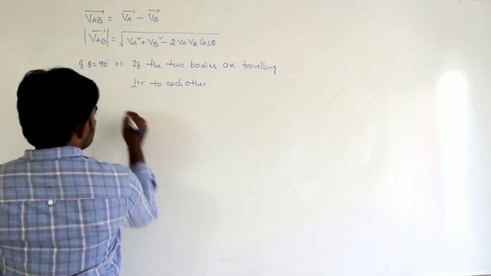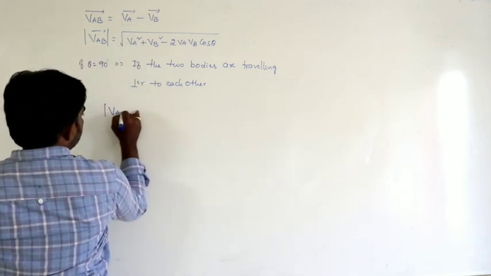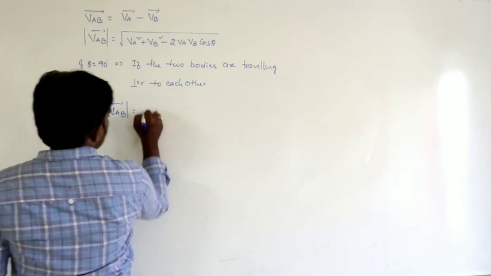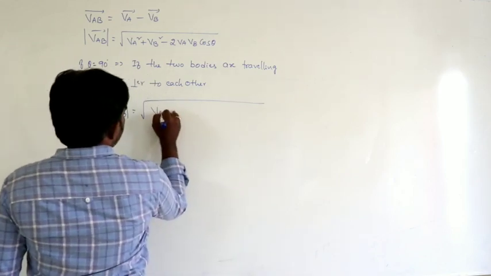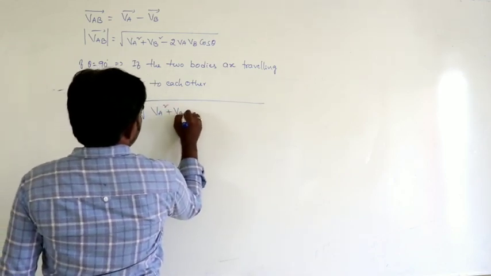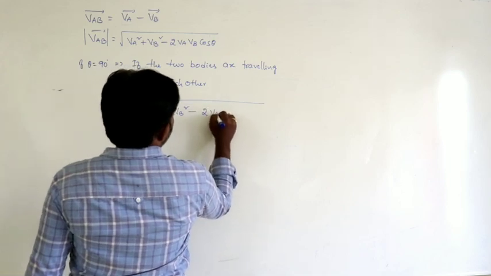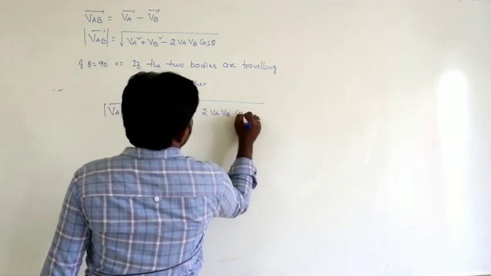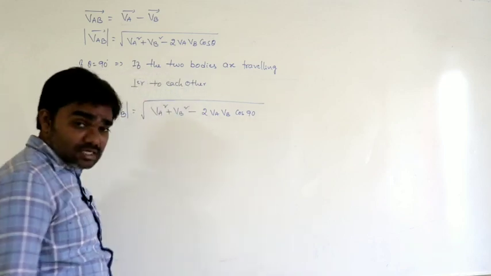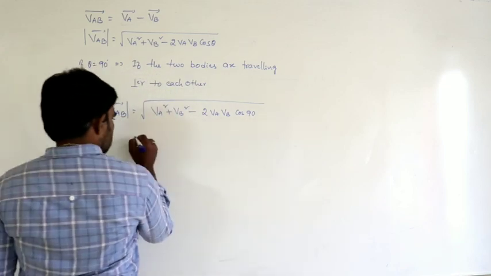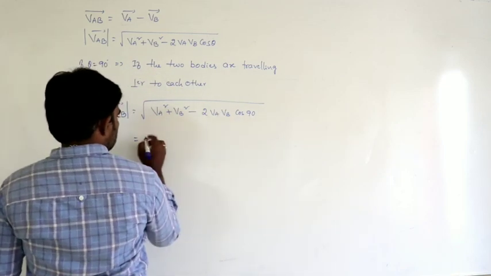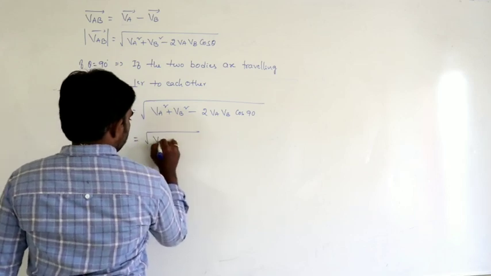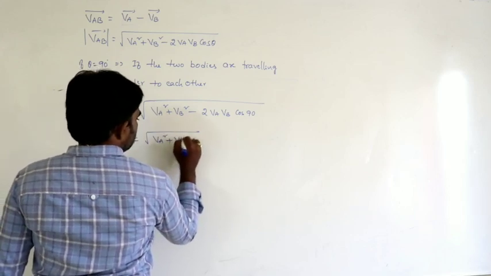Then the magnitude of VAB bar can be written as under root VA square plus VB square minus 2VA VB cos 90. Cos 90 is 0, so that total term becomes 0. That's why it is VA square plus VB square.